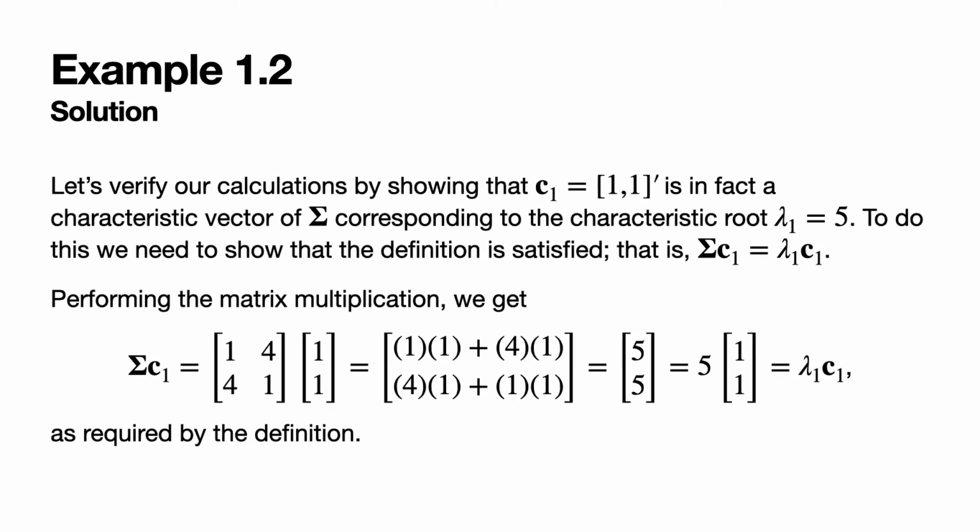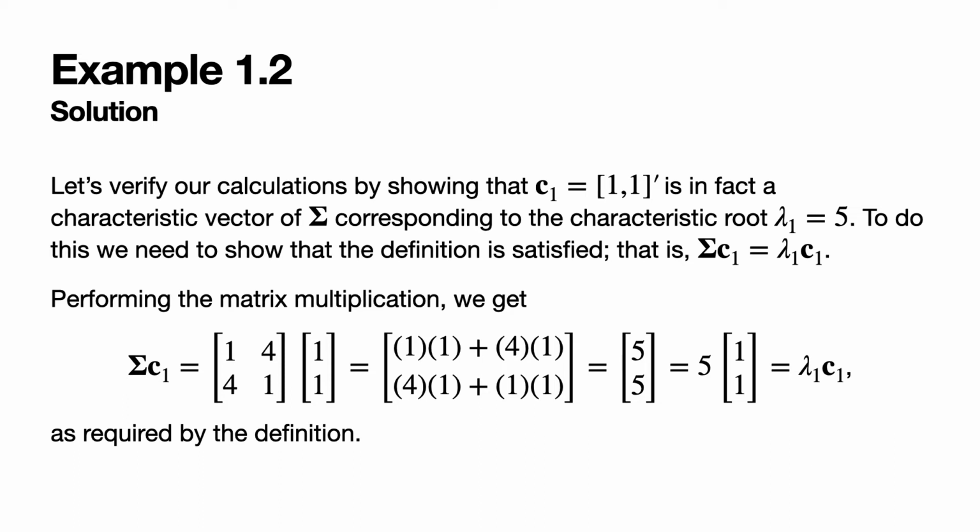Now, let's verify our calculations thus far by showing that C1 is in fact a characteristic vector of cap sigma corresponding to the characteristic root lambda 1 equal to 5. To do this, we need to show that the definition is satisfied. That is, that cap sigma times C1 is equal to lambda 1 times C1.